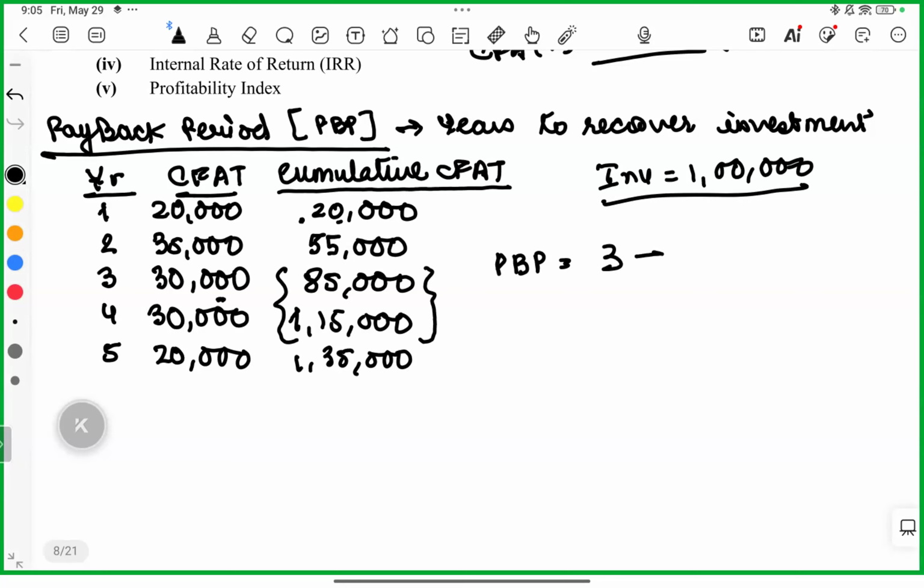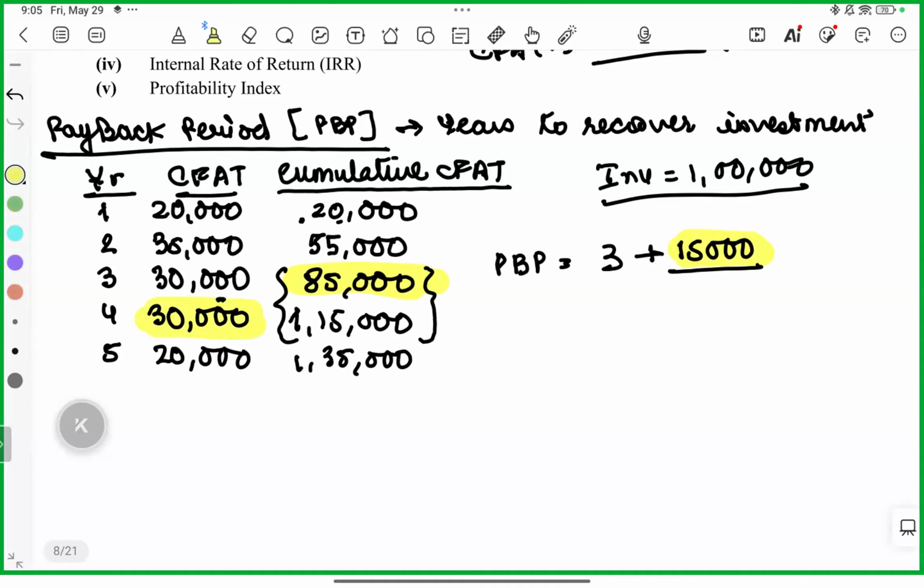So how much is left to complete 1 lakh? You have received 85,000, so the amount still left is 15,000. From where did 15,000 come? 1 lakh minus 85,000. And when will you receive this? You will receive it in year 4.